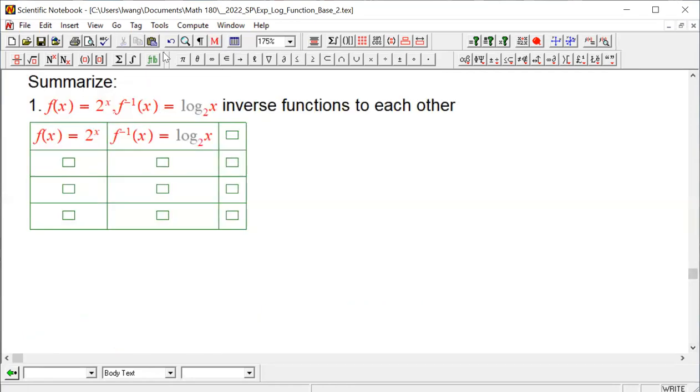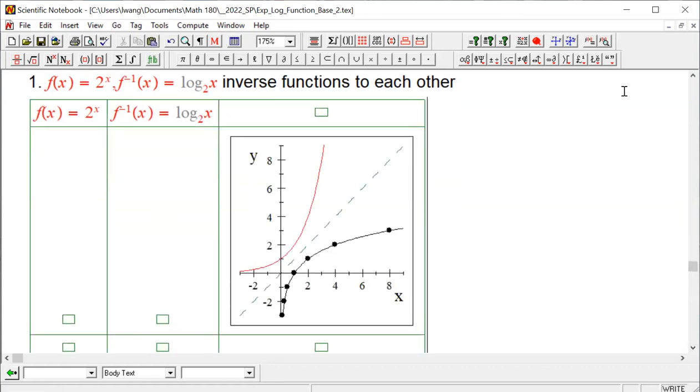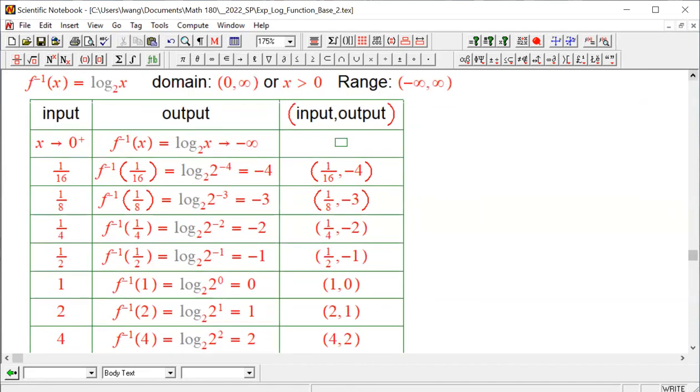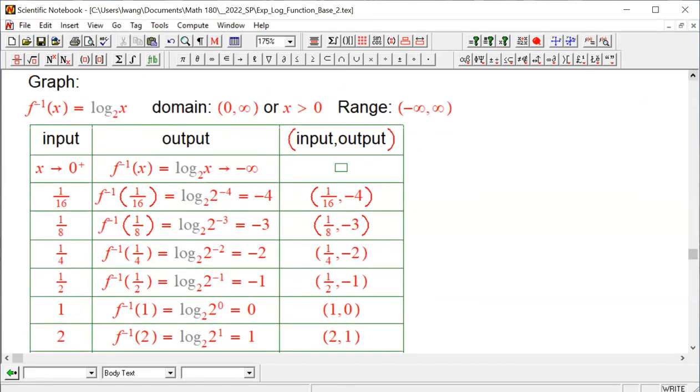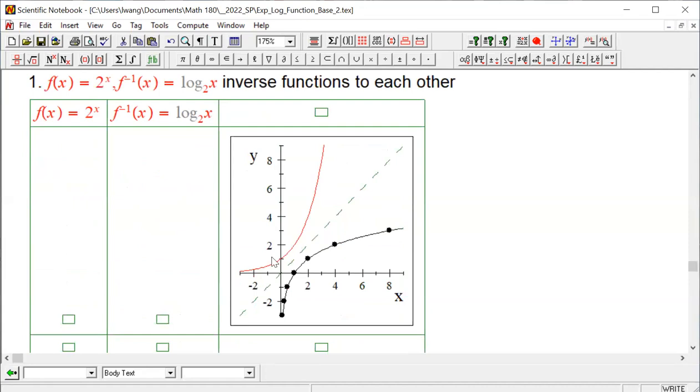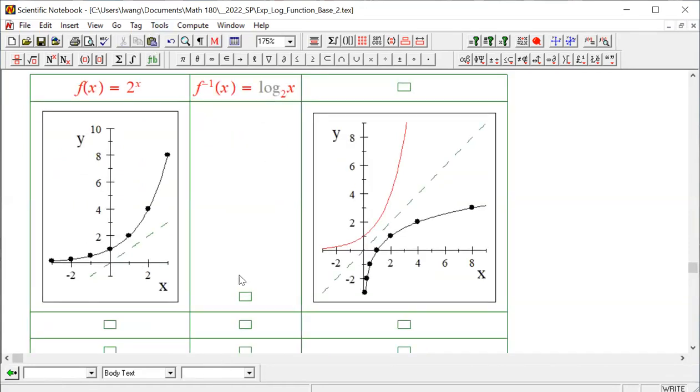I'm going to put it here. That's 2 to the power x. I just had to make some adjustment to the scale.